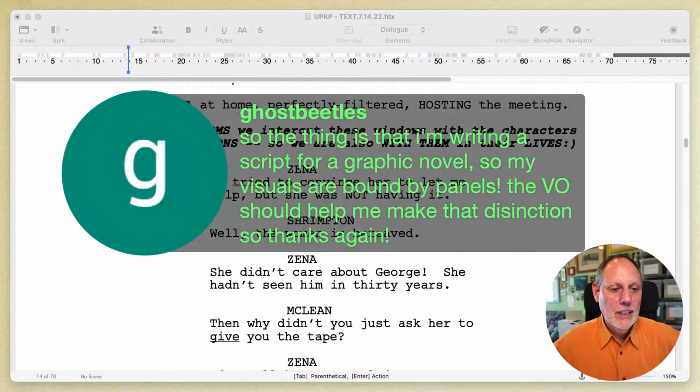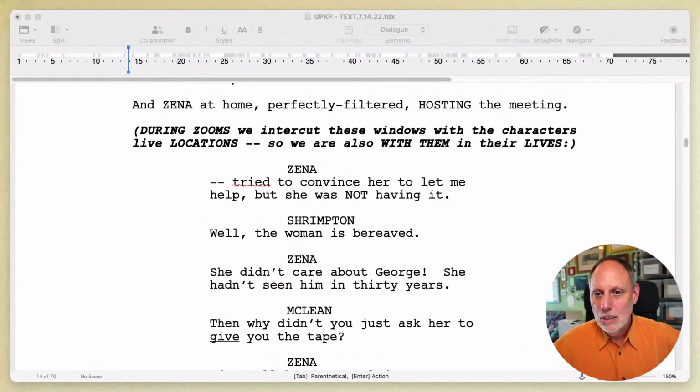Okay, so the thing is that I'm writing a script for a graphic novel, so my visuals are bound by panels. The VO should help it, yes. Also, Ghost Beatles, if you have not read Scott McCloud's Understanding Comics and Making Comics, and, sorry, I'm just looking to see if I've already written this down.